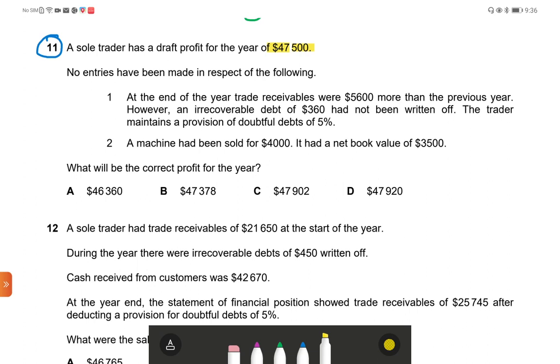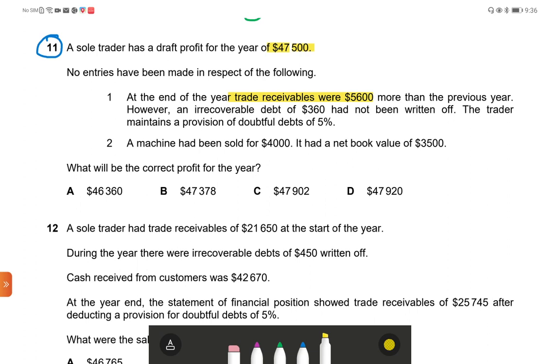At the end of the year, trade receivables were 5,600 more than the previous year. If last year's trade receivable is X, this year's trade receivable is X plus 5,600.